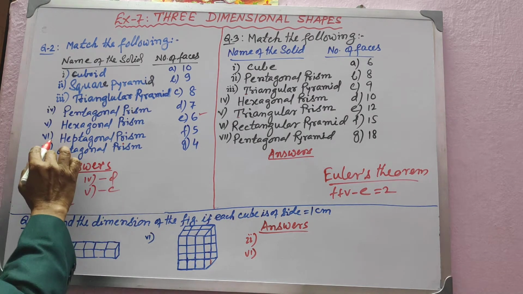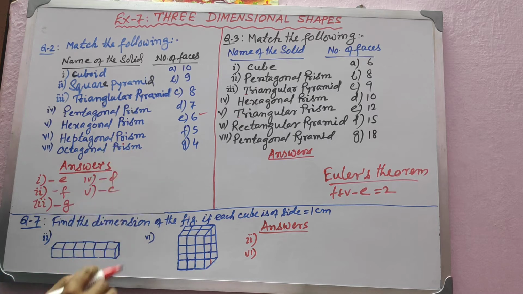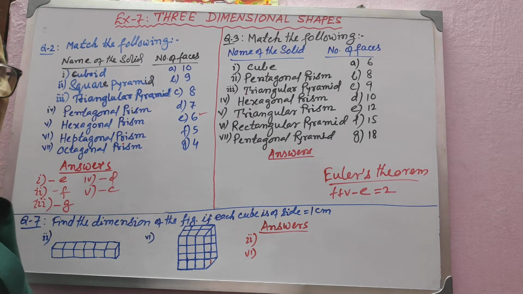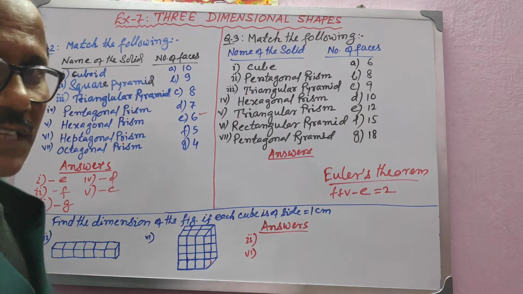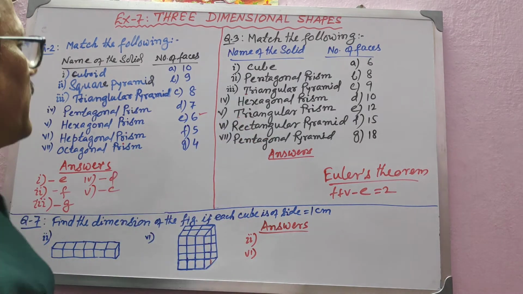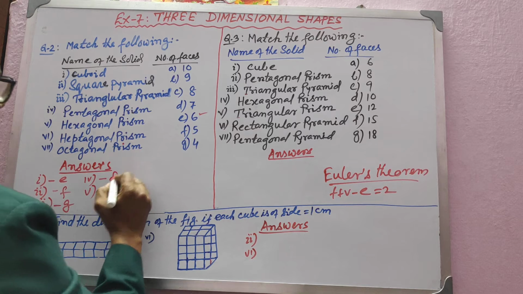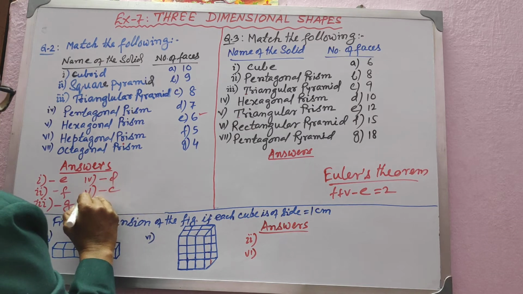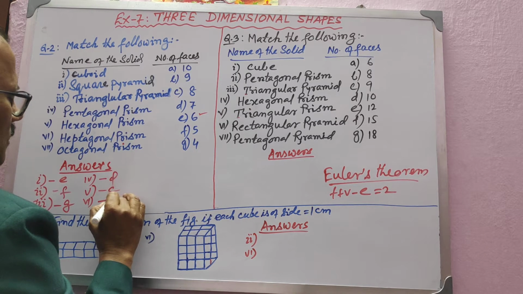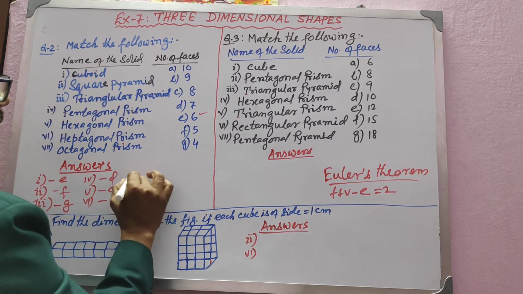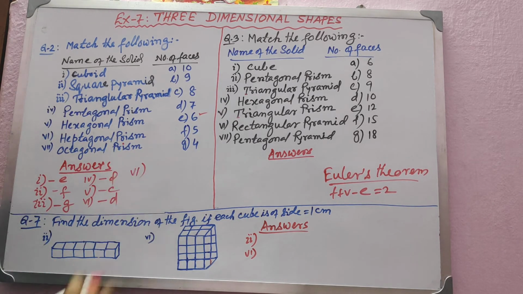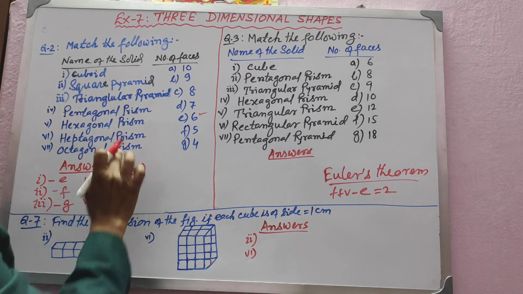And this will be a heptagonal prism. A heptagon has 7 vertices and 7 side faces. 7 plus 2, 9. Of course, option B, the 6th one will be option B. And then the 7th one: the remaining option is 10, because of the octagonal prism.